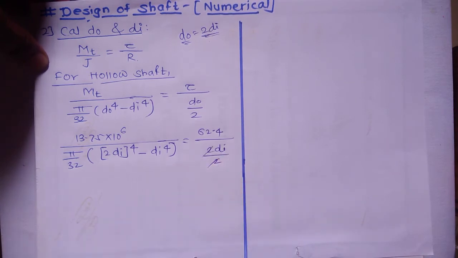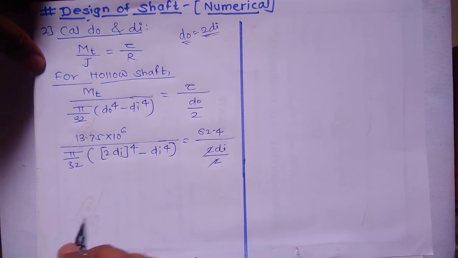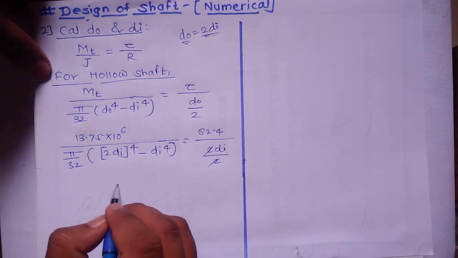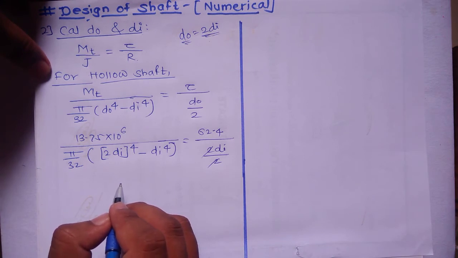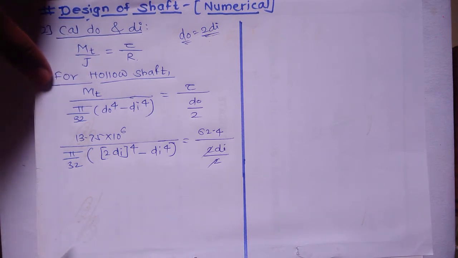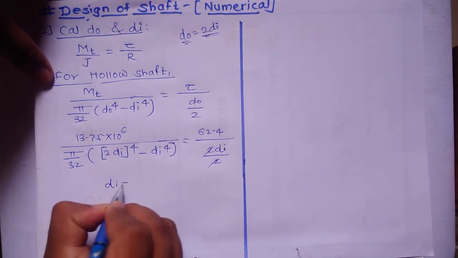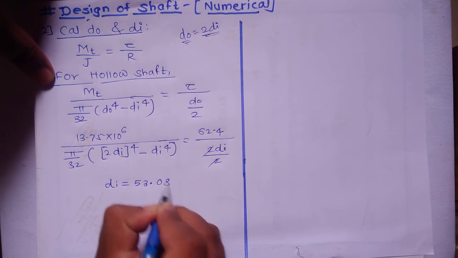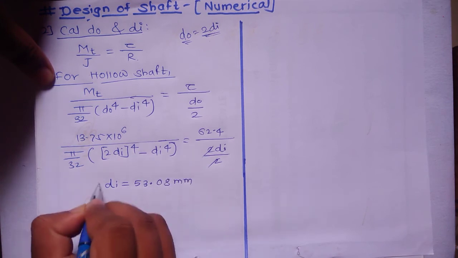Here 2 will get cancelled, and if you simplify this, you will get the value of di as 53.08 mm.